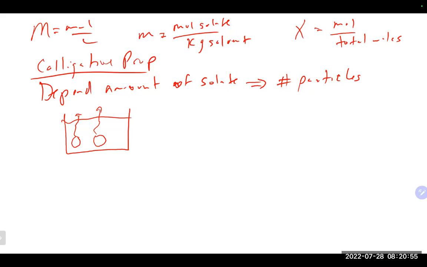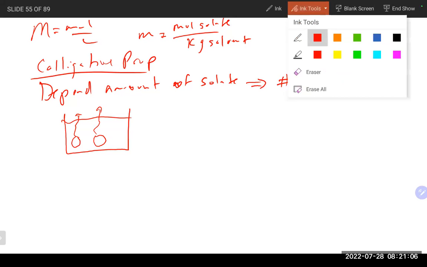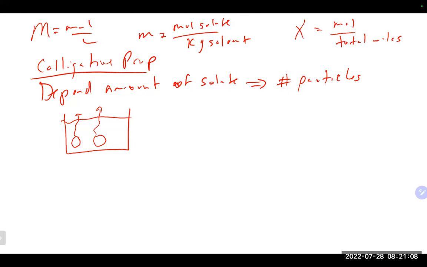If it's just really solvent molecules there, they're going to be able to interact with each other with really nothing getting in the way. It's when we do add some type of solute, some type of particles to the solution, that we get a situation where we've got these other guys in there. And it takes a little bit more effort, if you will, for those solvent molecules to escape. It also takes a little bit more effort for them to come together as they are freezing.